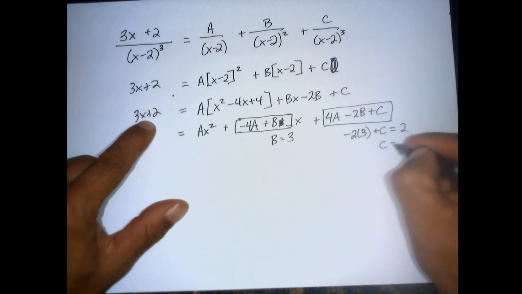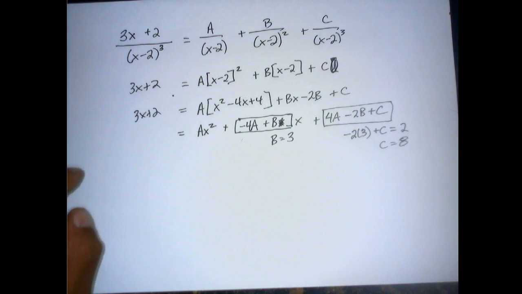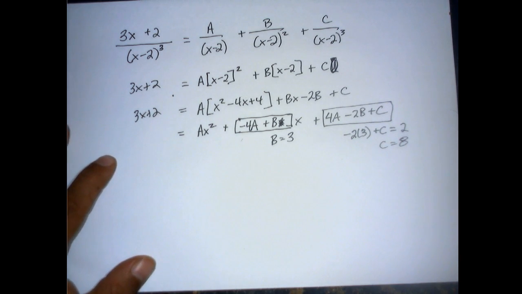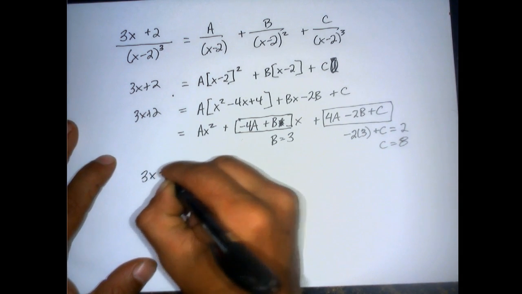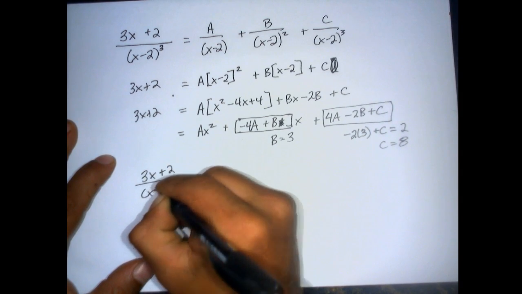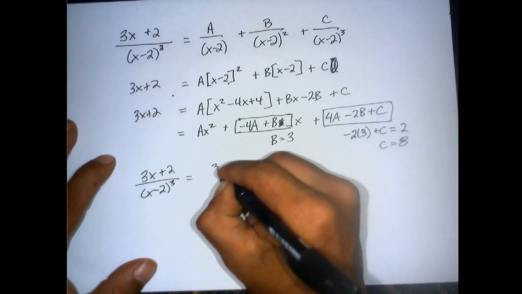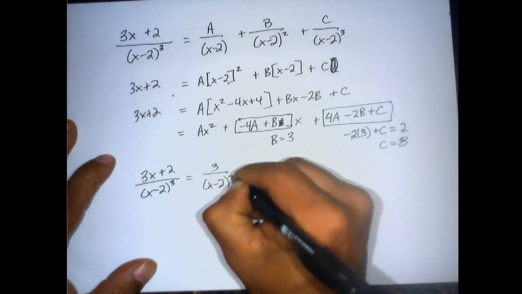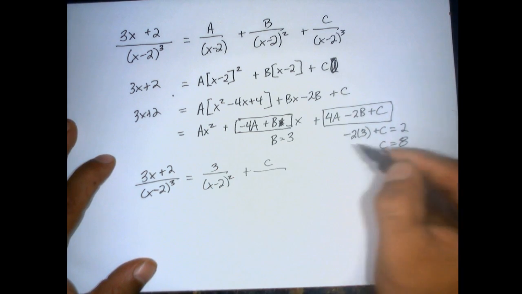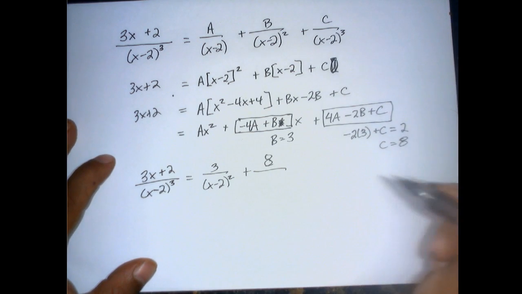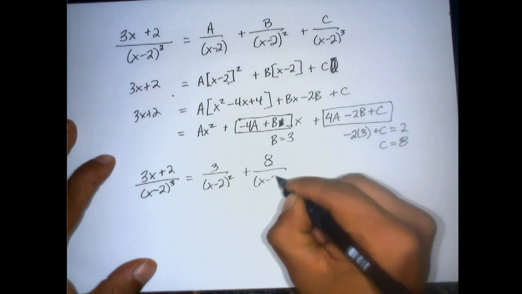So c is equal to 8. So, is that correct? Does that mean that 3x plus 2 over x minus 2 cubed is equal to b is 3 over x minus 2 squared plus c, 8 over x minus 2 cubed.